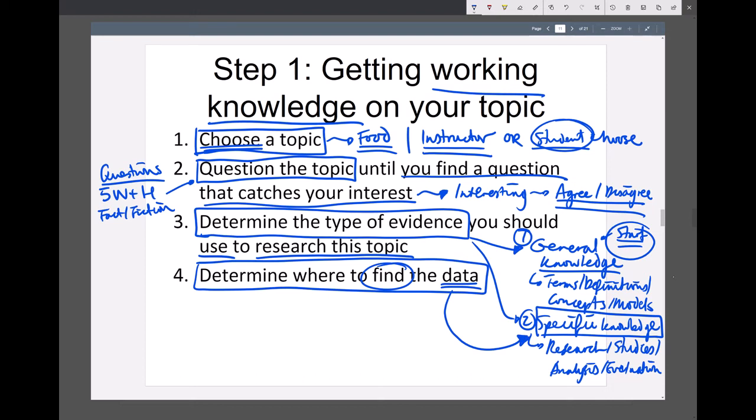Your general knowledge is your working knowledge, foundation. And then your specific knowledge would be your data knowledge that you're going to use for your research. So again, choose a topic, ask questions about the topic, look at the types of evidence you can use to research, and then look for the data in the specific knowledge types of sources.